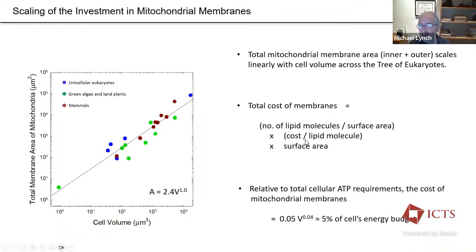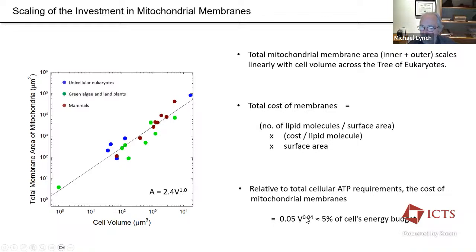But the bottom line is when you work this all up, you find that relative to the total cell's energy budget, we have to scale the cost of anything in a cell relative to this total cell energy budget. The cost of mitochondrial membranes comes out to be this. So it's 0.05 times the volume to a very small number.